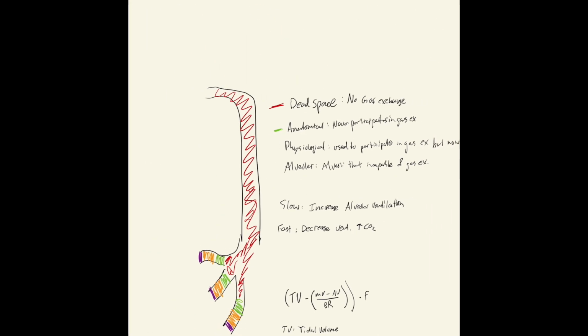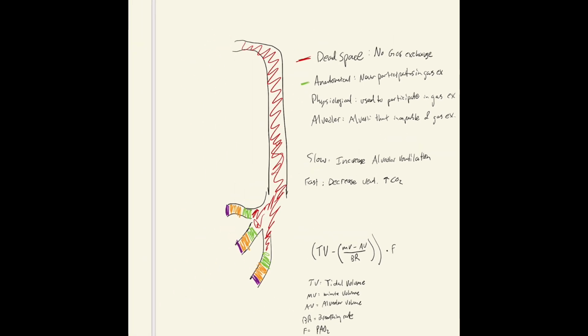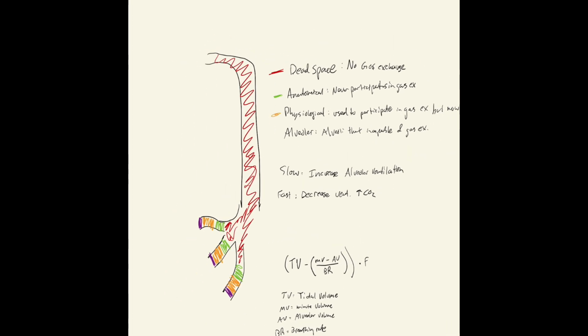I have here a diagram of your trachea coming down and then branching into your lung. I also forgot to color these in. This is orange and this is purple. So here, going down your whole trachea, and even the very beginning of these tertiary bronchi, you have dead space. There's no gas exchange that happens here.